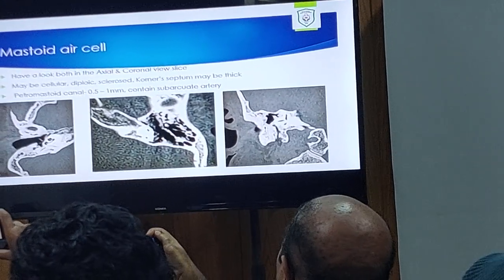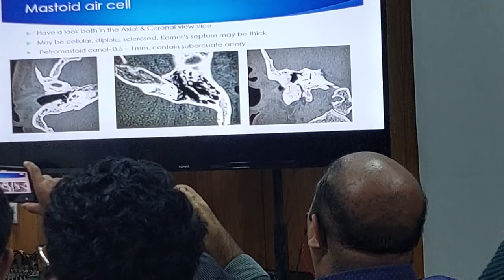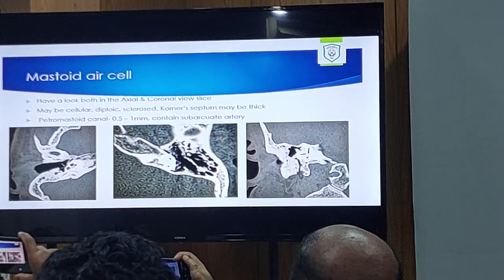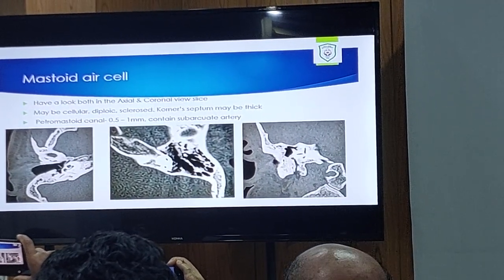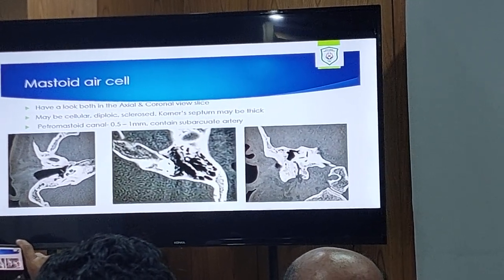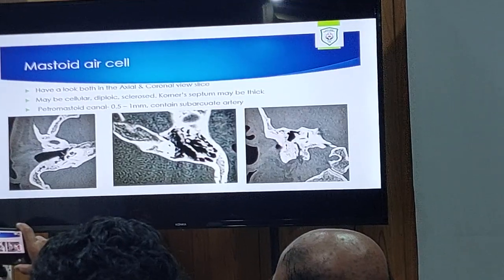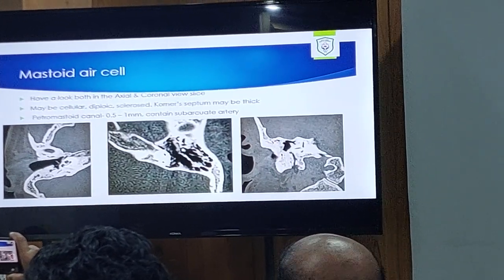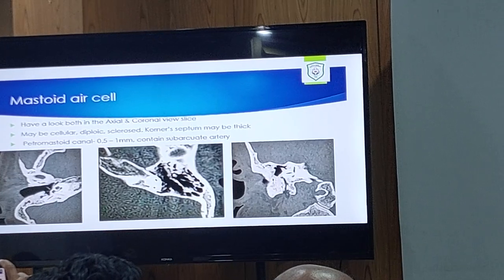So we have to look at all the views very carefully. This may have cellular, acellular, sclerotic, or different pathology.